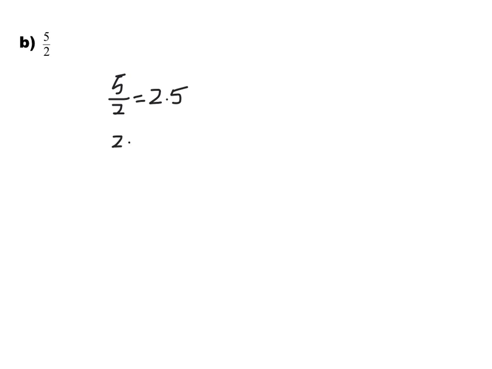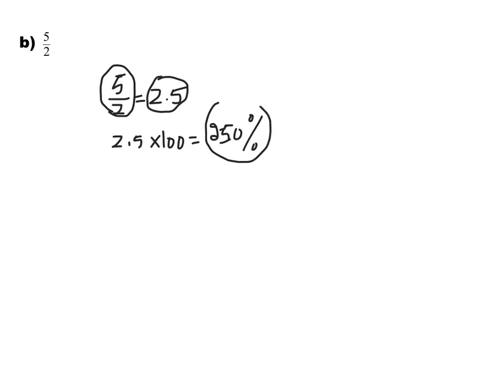Now multiply 2.5 by 100, you get 250, and then put a percent symbol after that. So 5 over 2 in fraction form is the same as 2.5 in decimal form, which is the same as 250% in percentage form.